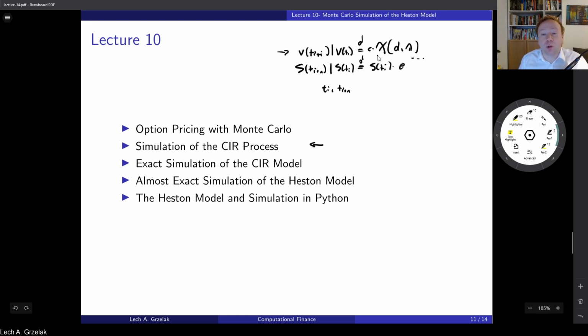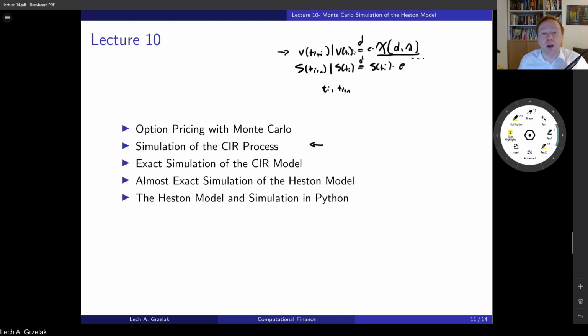However, there is some cost to pay, because not every library implements sampling from the non-central chi-square distribution efficiently. So for that reason, in industry, there are also other methods to perform sampling from the non-central chi-square in a more efficient way. However, these days, I think most computers and most of the latest libraries allow for efficient sampling from the non-central chi-square distribution.